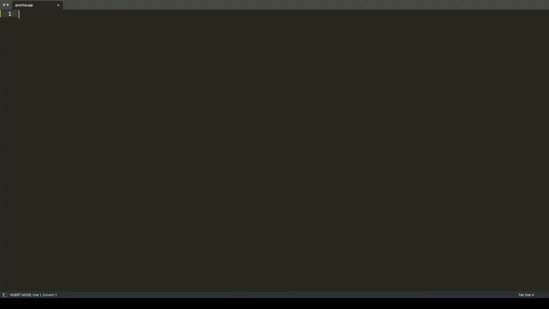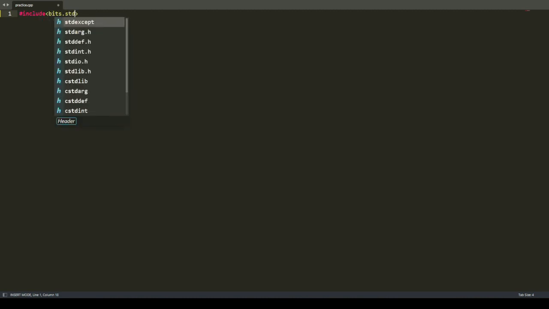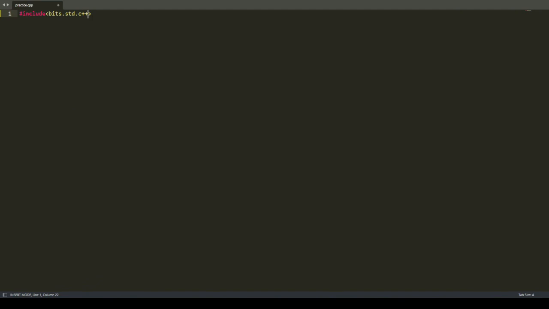So let's include our header file, include bits/stdc++.h, using namespace std.